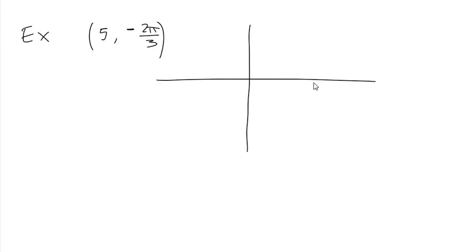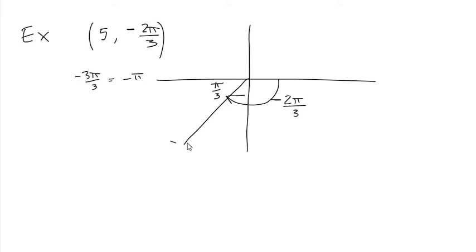And remember, a straight angle would be going around to negative pi. But negative pi is the same as negative 3 pi over 3. So negative 2 pi over 3 is going to be pi over 3 less than that. So here's negative 2 pi over 3. Feels like the same stuff we've been doing forever, right?